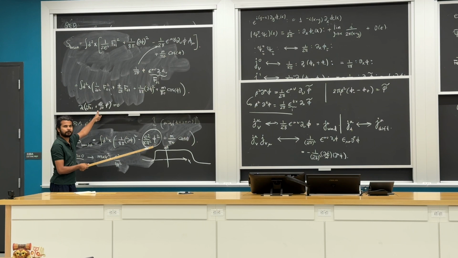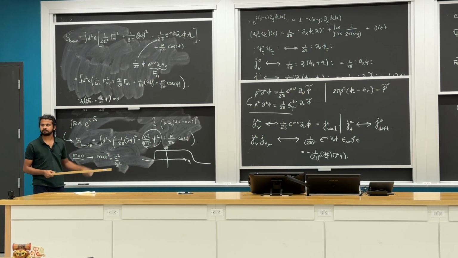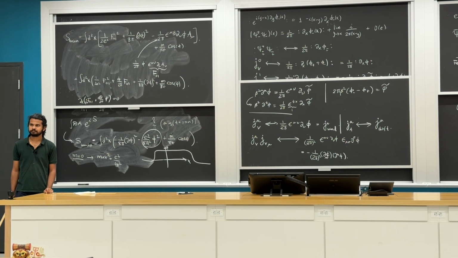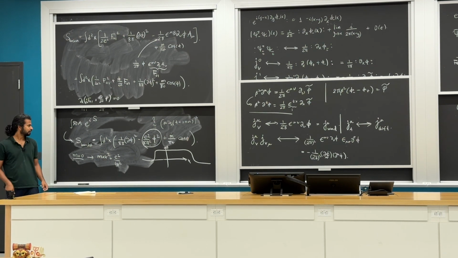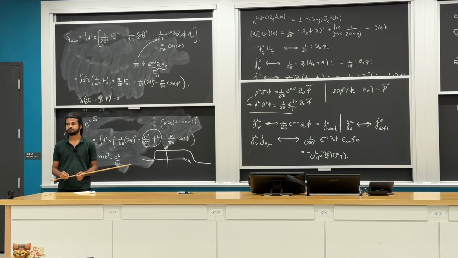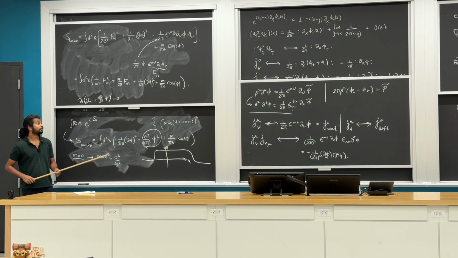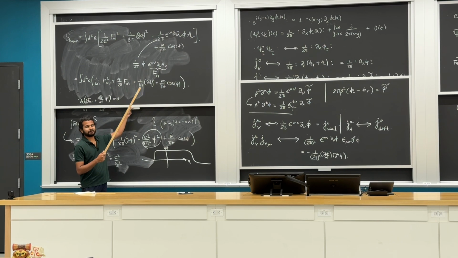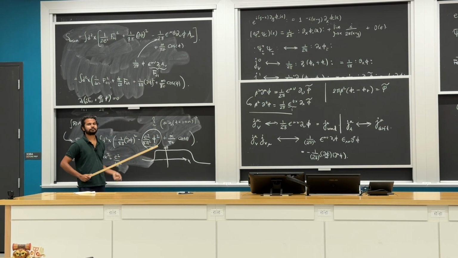Even if you don't have an interaction, if I Taylor expanded that cosine, you get a phi squared. Yes. The point is that even if you started with massless fermions, you end up with a degree of freedom with mass.